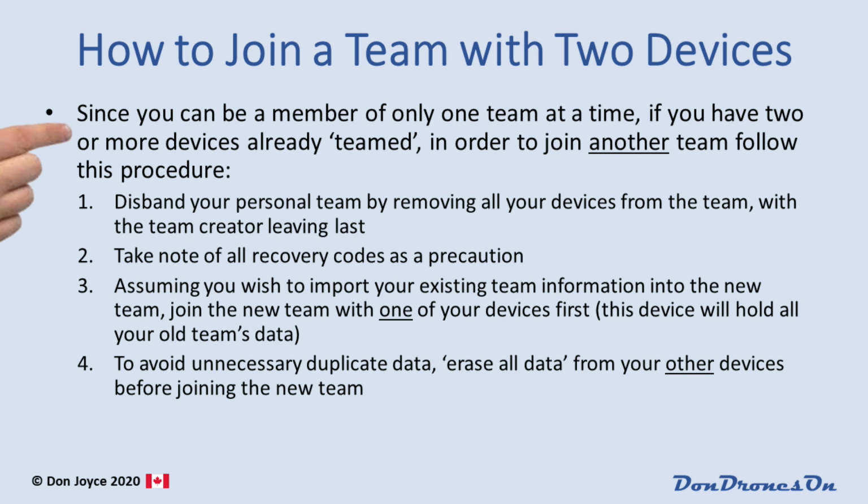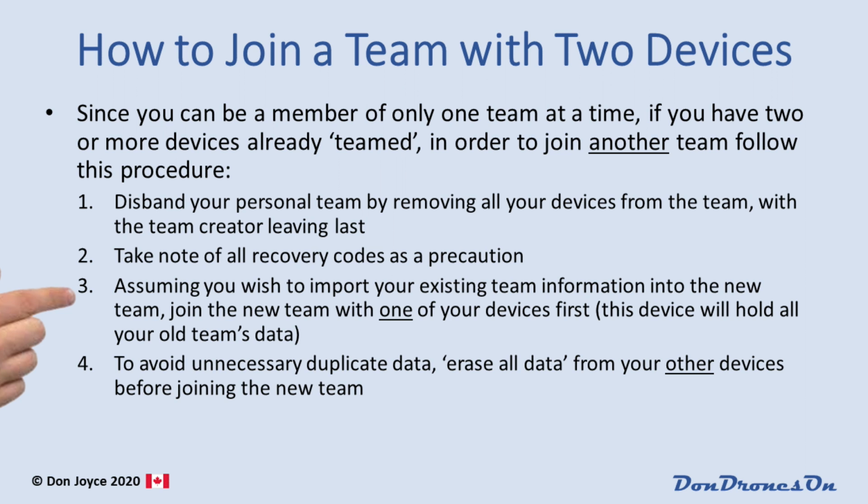So number 1, you disband your personal team by removing all of the devices from the team. Step 2 is to take note of all the recovery codes on the different devices. They'll each show a recovery code. Number 3, assuming you wish to import your existing team information into the new team, you would join the new team with one of your devices first, perhaps your original phone or team creator phone or whatever.